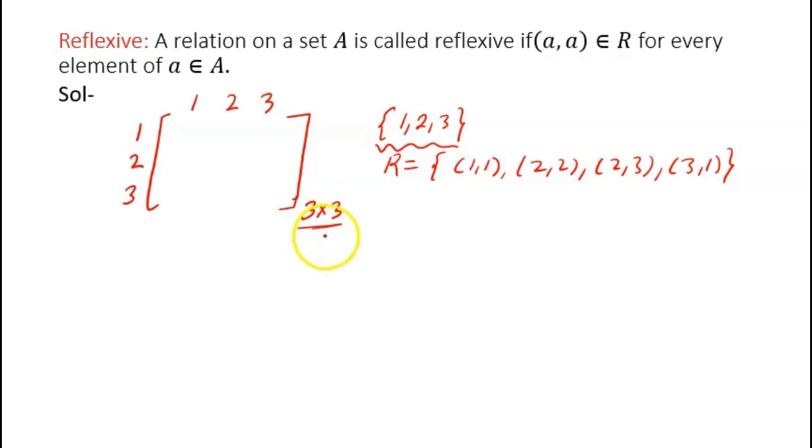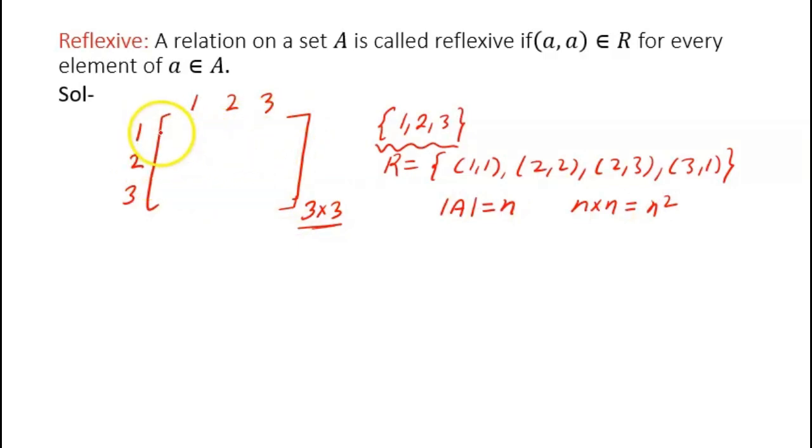So if we define a relation on a set with n elements, suppose the number of elements in A is equal to n, then its corresponding matrix will have n rows and n columns, meaning it will have n square elements. Here it will have 9 elements.